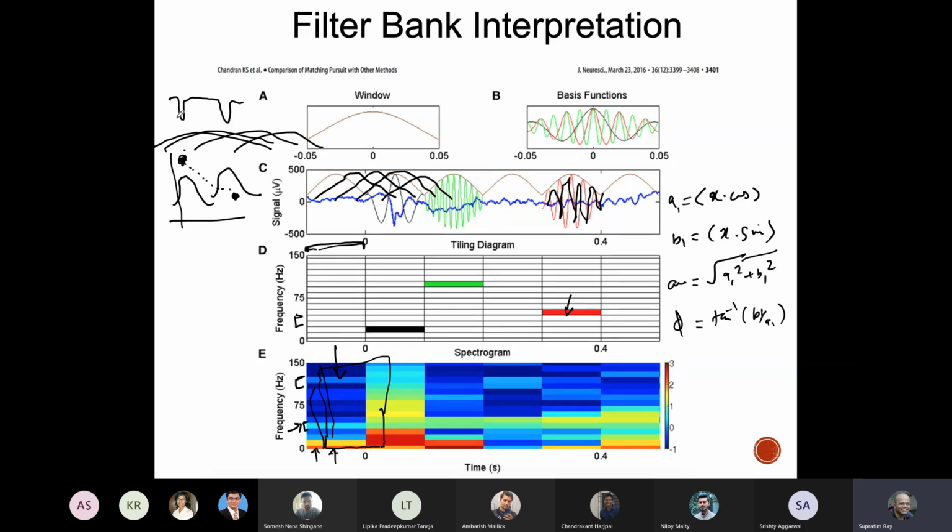So for the short time Fourier transform, if the signal had two little bumps like that and the window is too long, it's just going to smear it out. Maybe a little bit here and a little bit there, but it'll still be a very smeared out signal. The only way to actually resolve the two bumps is to use a short window.